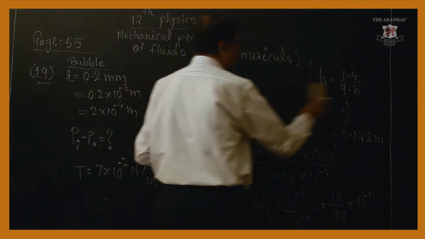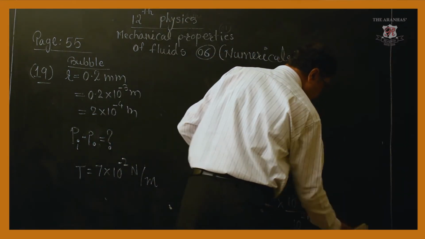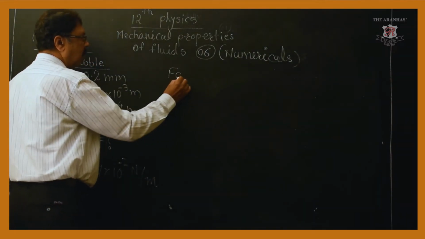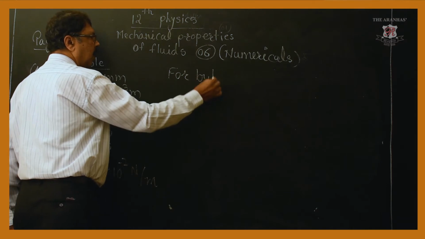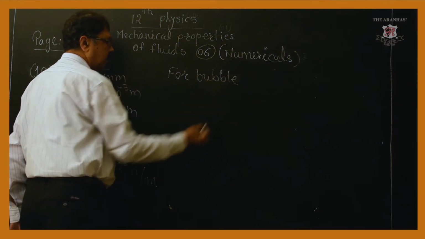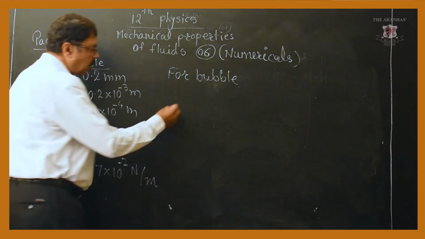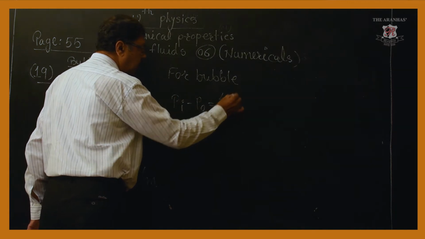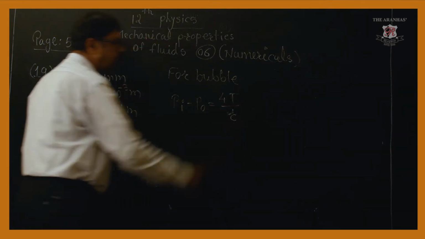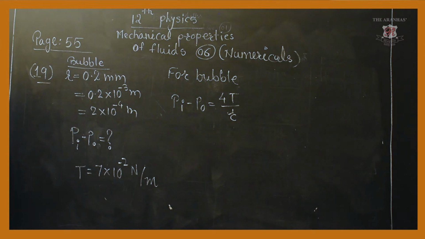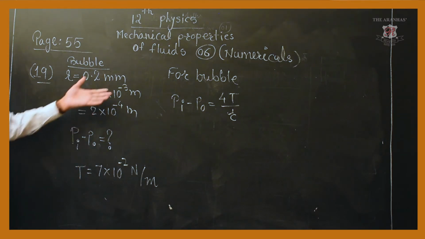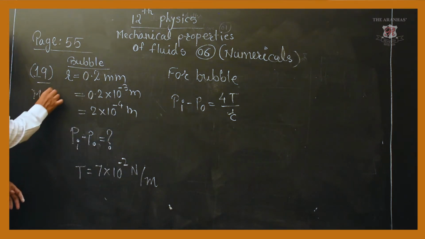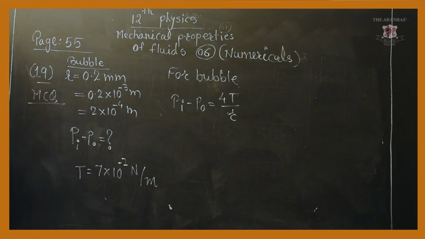Now by Laplace's law or Laplace's relation, what we get is, for a bubble, Pi minus Po is 4T upon R. We have already derived the formula, so just substitute T and R. It can be a multiple choice question in competitive exams or even in the board exam.